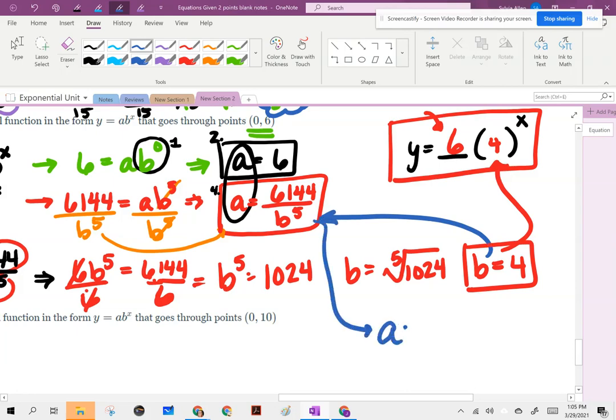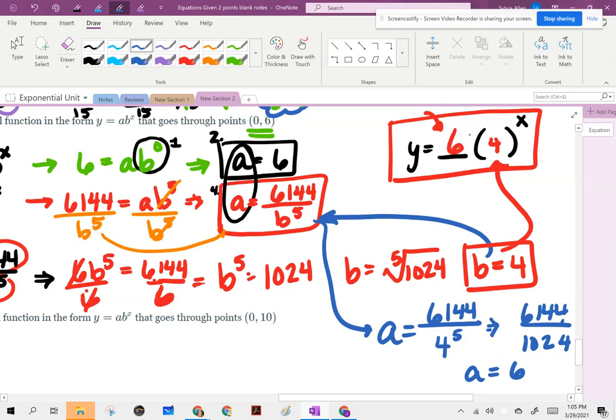It says a is 6,144 over b to the 5th power. So 6,144 over 4 to the 5th power, which is 1,024. If you were to take that calculation in your calculator, you end up getting 6, and that's where we get the 6.